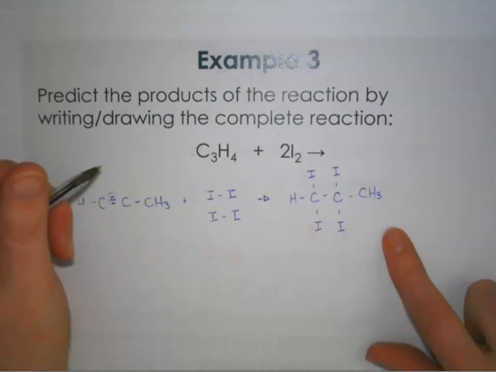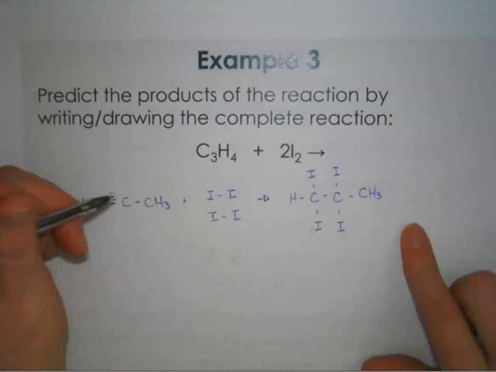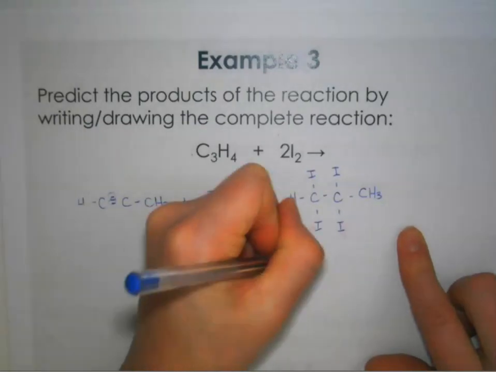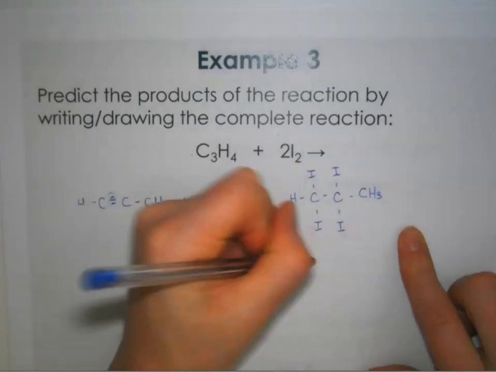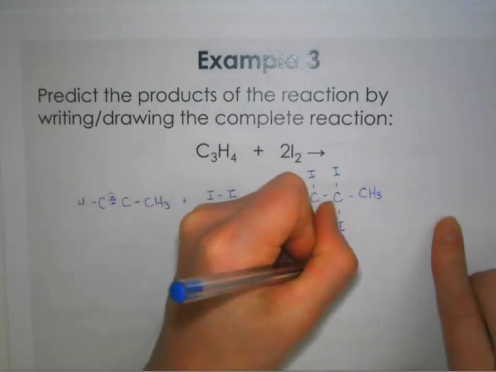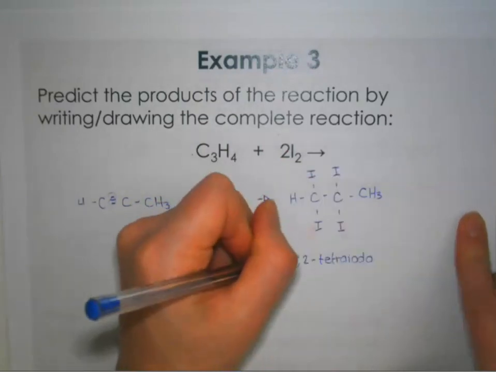So now, what do we have here? Tetraiodo. Actually, you know what? It would be 1, 1, 2, 2.